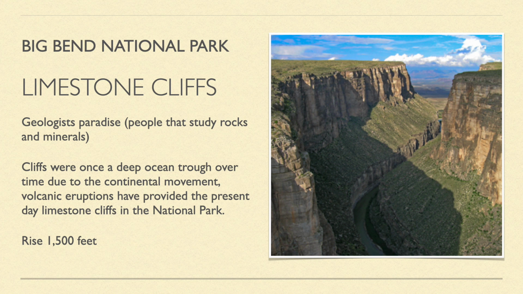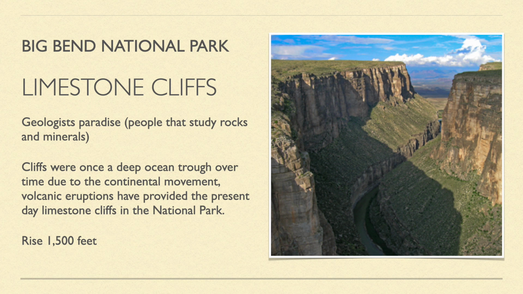You'll notice when you looked at the previous pictures of the river, these large cliffs that make up a lot of the park. These are known as limestone cliffs. Now you heard the word limestone when we studied Mammoth Cave National Park, and we talked about limestone being a natural resource. We're going to go back to Mammoth Cave National Park when I see you face to face.